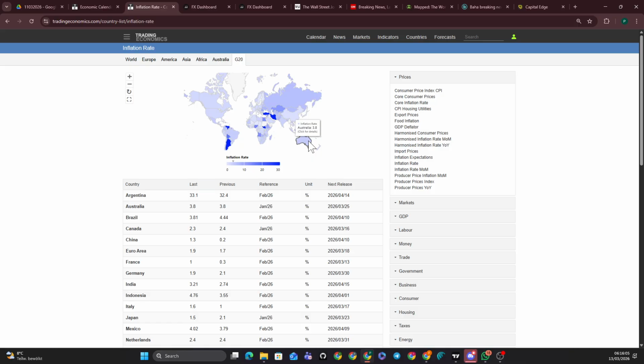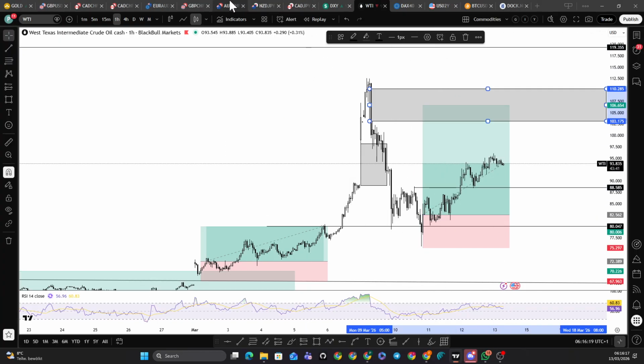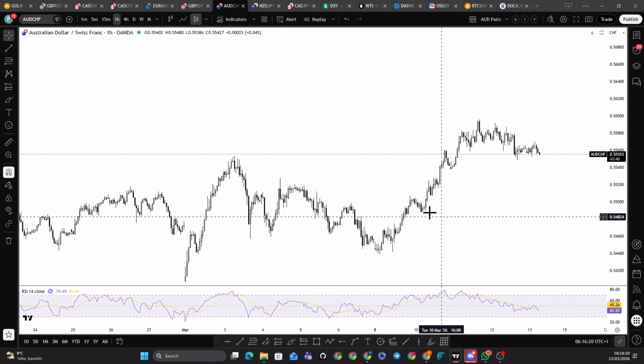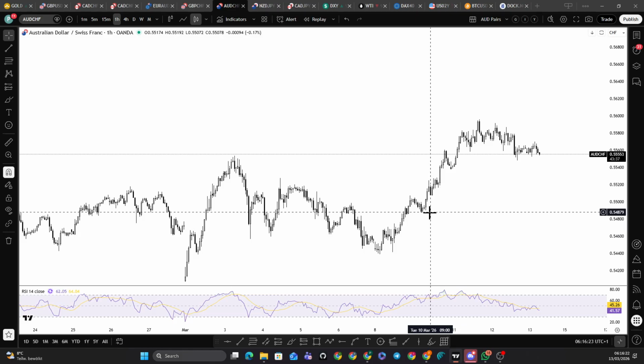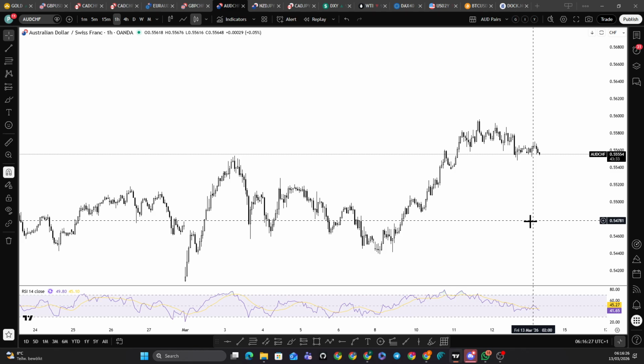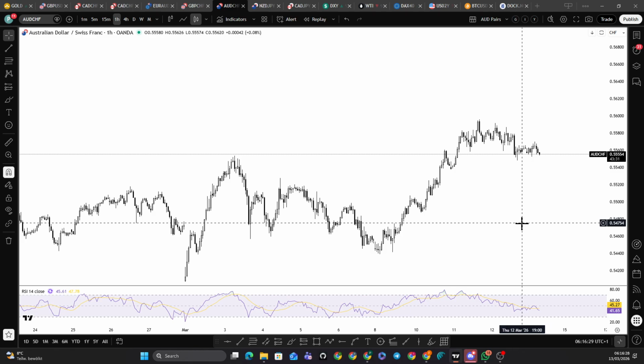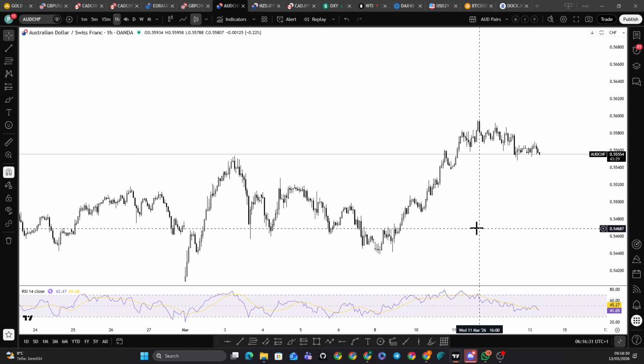With these kinds of things, we can't see the RBA starting a rate cutting cycle very soon. So with that sentiment, markets have started pricing another rate hike for the Australian interest rate decision in the coming week.